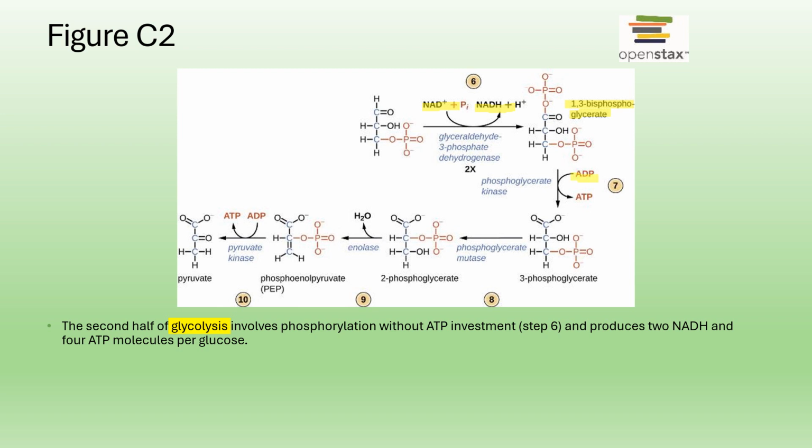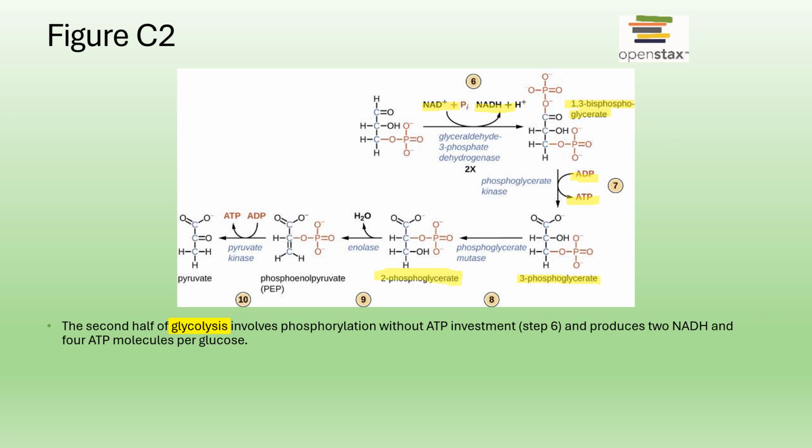Now you're finally going to take a phosphate group off. One of the phosphates leaves as ATP. This is occurring through both chains. And you end up with 3-phosphoglycerate, meaning the phosphate group's on the number 3 carbon. Now you're going to shift that phosphate to the number 2 position, and it becomes 2-phosphoglycerate.